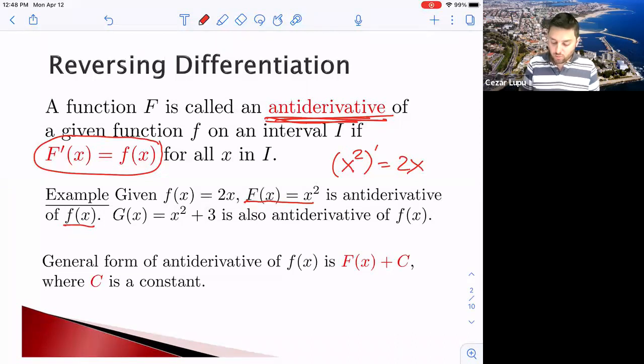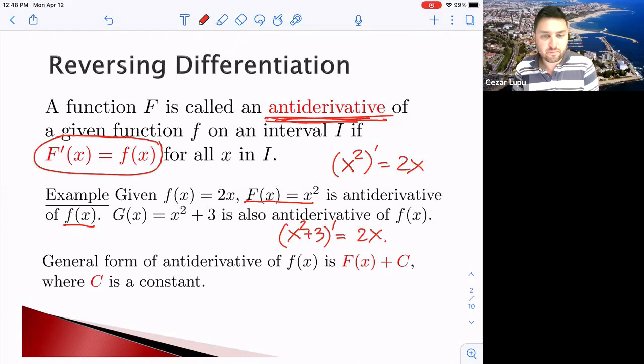Well, guess what? If you take the derivative of x squared plus 3, this also gives you 2x. Wow. So you see, I took two different functions, capital F of x and capital G of x, whose derivatives both give me f of x.